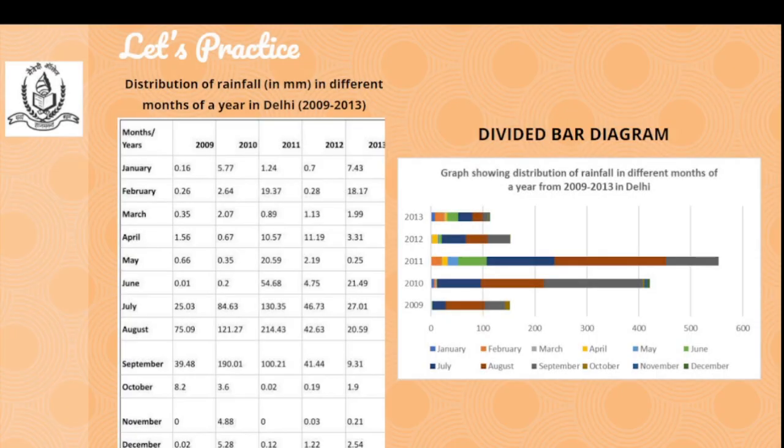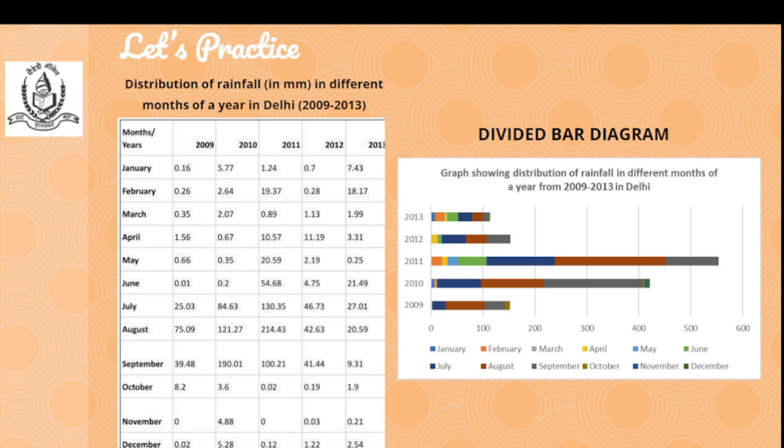Now let us understand how to draw a divided bar diagram with the help of a data set. This data set that is visible on the screen concerns the distribution of rainfall in millimeters in different months of a year in Delhi between the years 2009 to 2013. Again, this is secondary data which was collected as part of the biostatistics project work by one of our students.